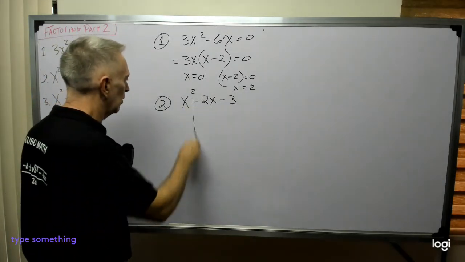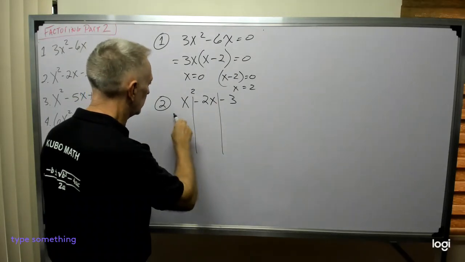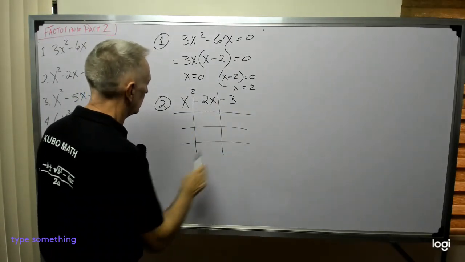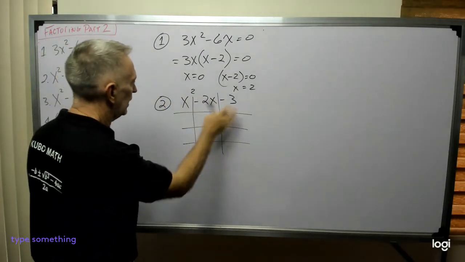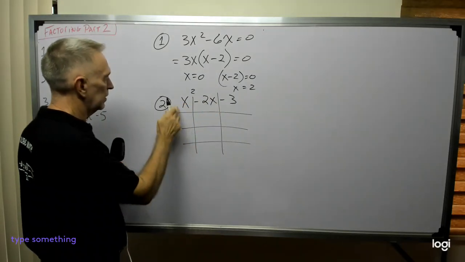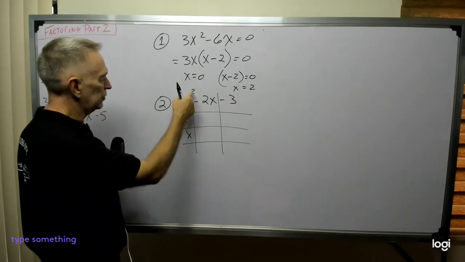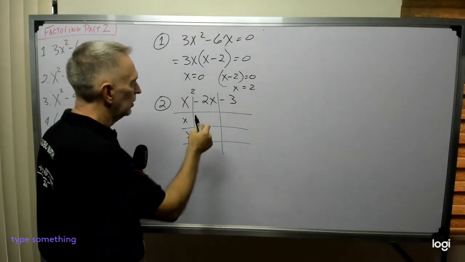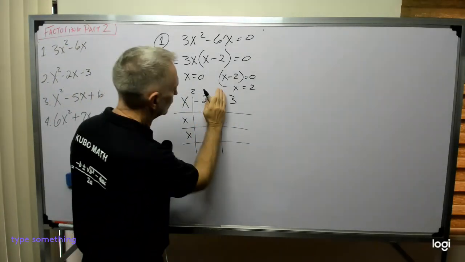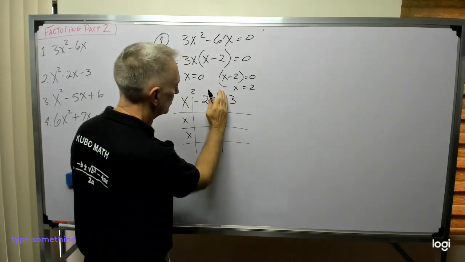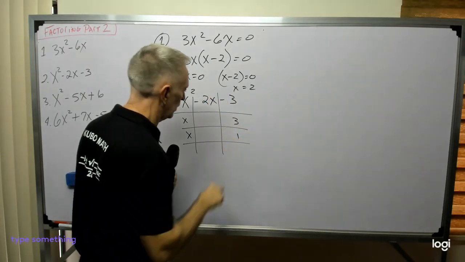What about this one here? You recall last time we drew a grid around this and we're factoring the ends. What times x? Well, x times x gives me x to the second power. What about the factors of, let's look at the positive in the beginning, 3 and 1.